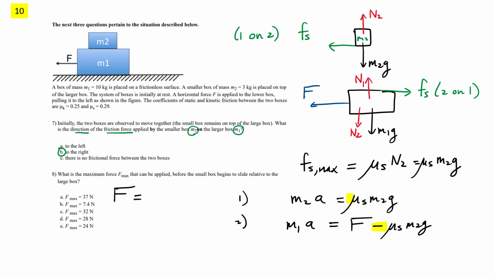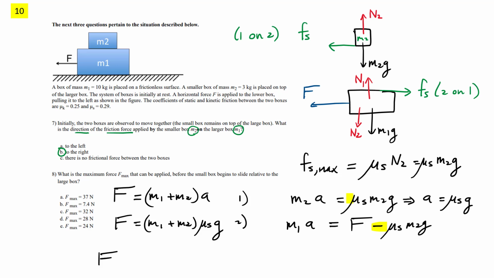So when you add up the equations, those terms disappear, and what you're left with is something like this. Now it's still written the force F in terms of the acceleration, but you see from this equation here that those masses m2 cancel out, and the acceleration is simply equal to mu s times g. So the last step over here is simply get rid of the acceleration and write it as the coefficient of static friction multiplied by little g.